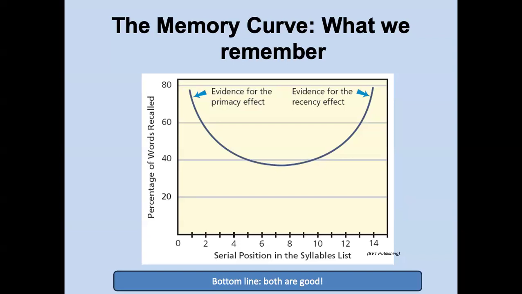The recency effect is that the last thing in a series or the last couple of things in a series are remembered best. There's evidence for both. And the bottom line is you don't want to be in the middle of the pack. That's the bottom line, right? Because that's where the recall is the lowest.